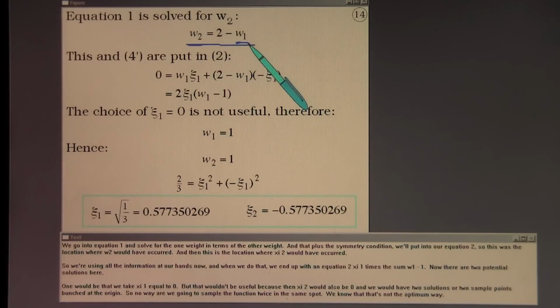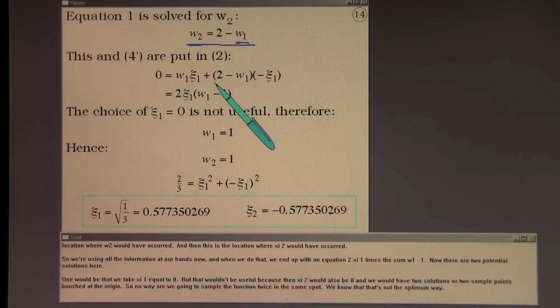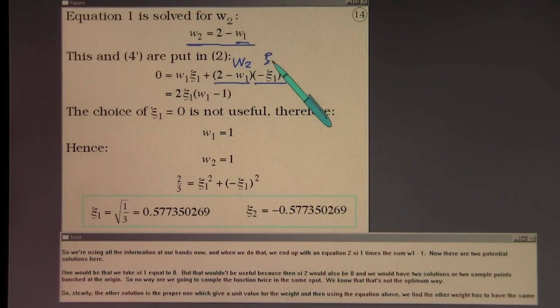And that plus the symmetry condition we'll put into our equation 2. So this was a location where W2 would have occurred, and then this is the location where C2 would have occurred.